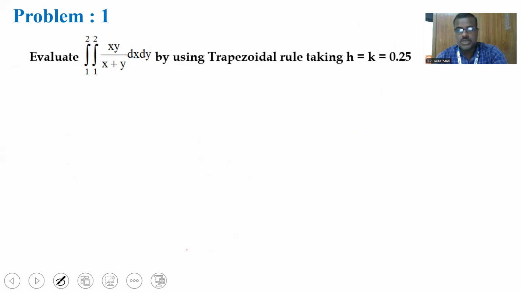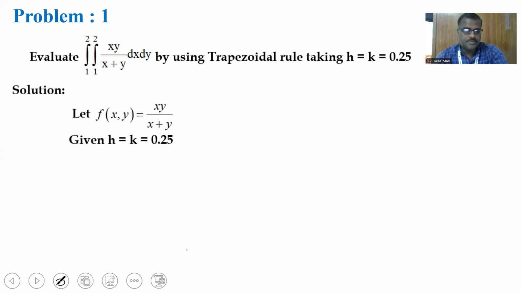If not, you have to calculate them using the upper limit minus the lower limit divided by the number of ordinates. You can use 4 intervals or 8 intervals, something like that. Now let's see. So this is the function. The function is xy by x plus y.